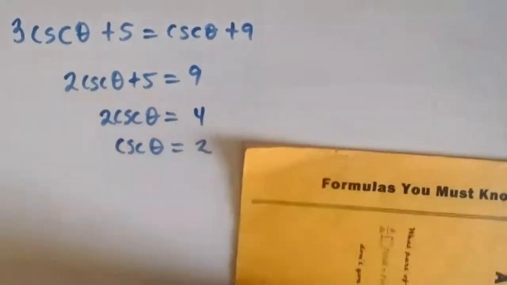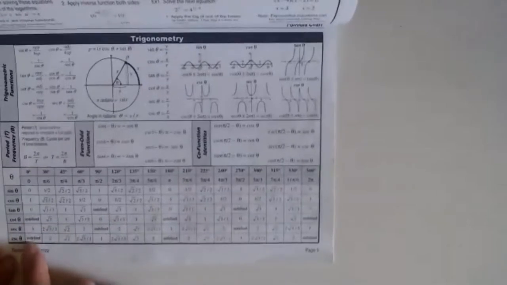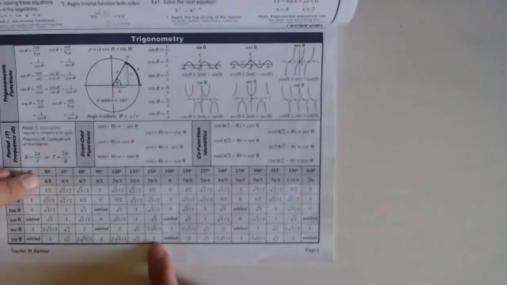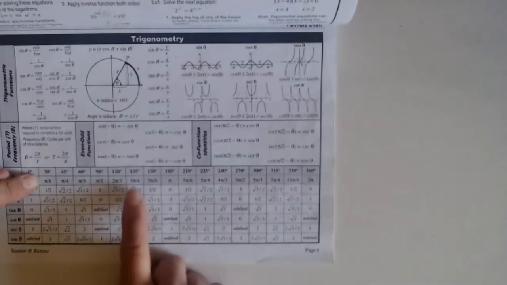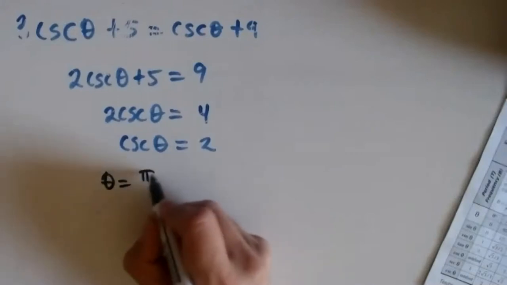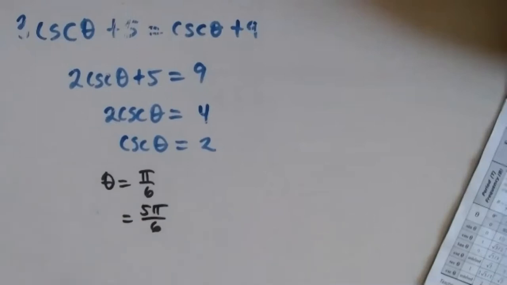Now, for what values is the cosecant 2? Let me see my table right here. Here is the cosecant, and here is a 2, you see? It's pi over 6. Cosecant of the angle equals 2 for pi over 6. Now let me see if there is another 2. It's right here, so it's 5 pi over 6. So theta is pi over 6 and 5 pi over 6, correct?